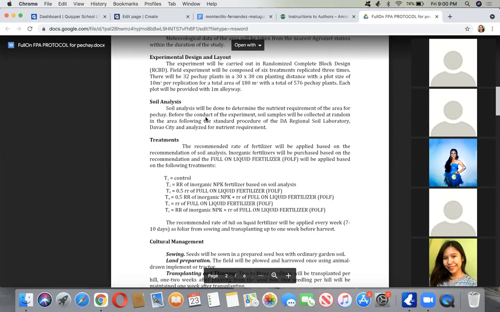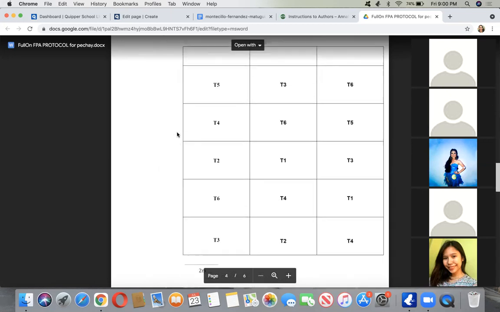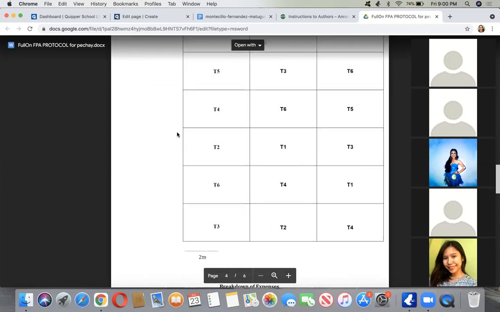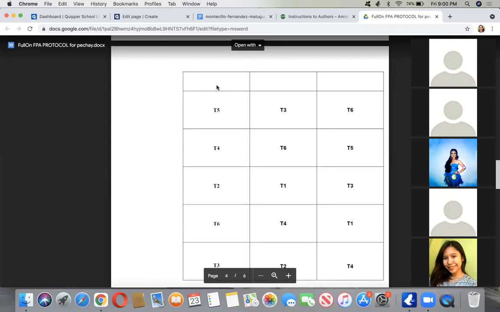So this should be based on the standard procedure ng DA, Regional Soil Lab, no? So usually, paano kami kukuha ng soil is using soil auger, 30 cm deep, in zigzag form. So if ito ang plot, kuha ka dito ng isang 30 cm deep, kuha ka dito pa zigzag form. And then dito naman, another 30 cm.